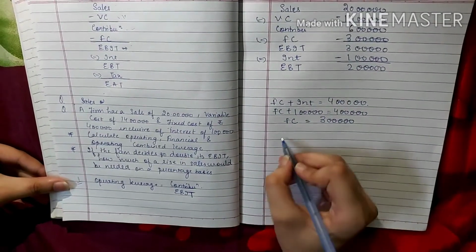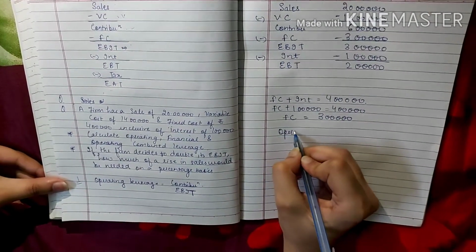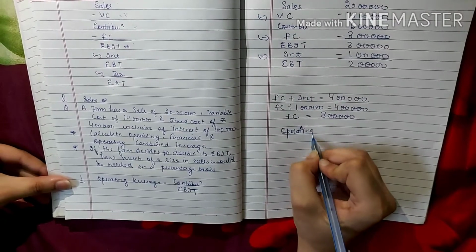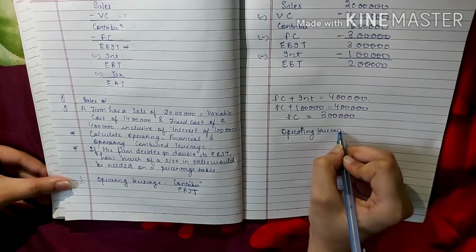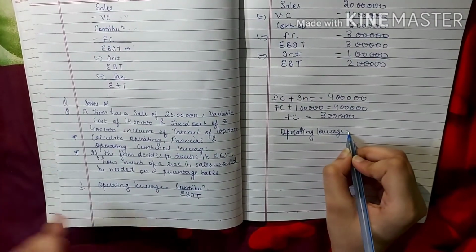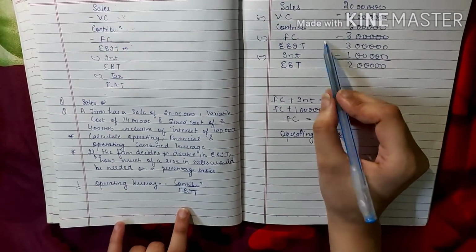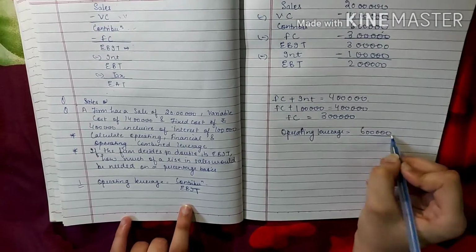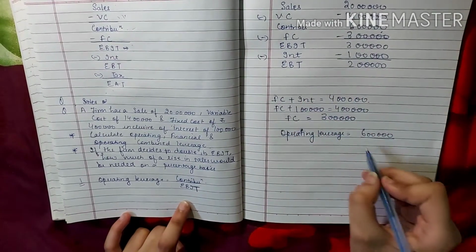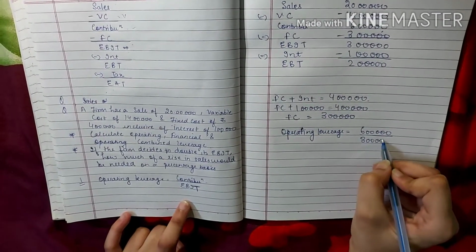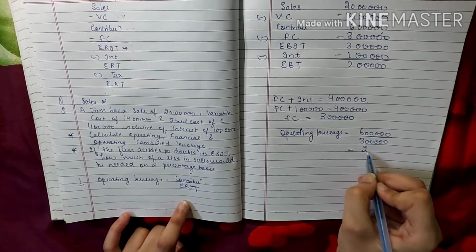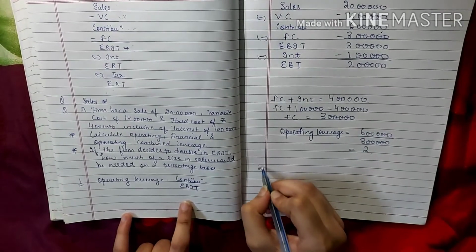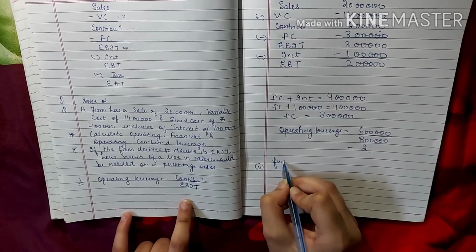Now calculating operating leverage, which is contribution upon EBIT. So contribution is 6 lakh and EBIT is 3 lakh. Dividing it, you will get 2. Second, financial leverage.